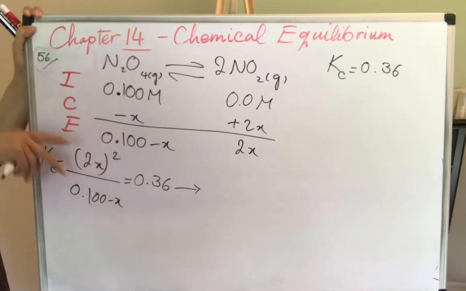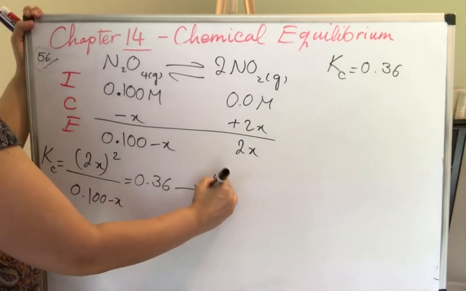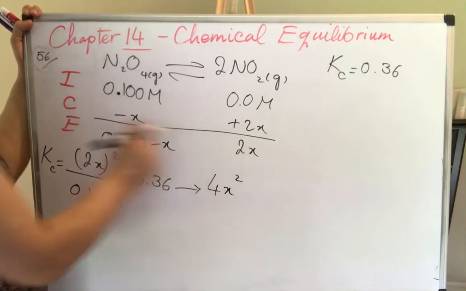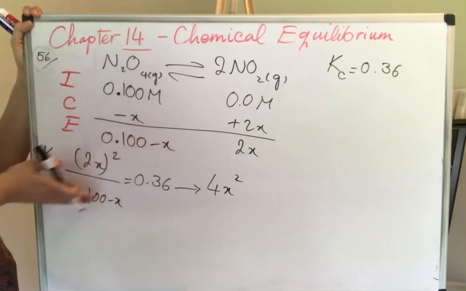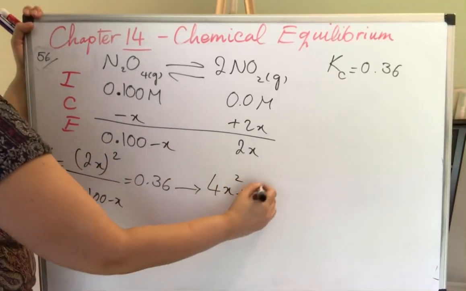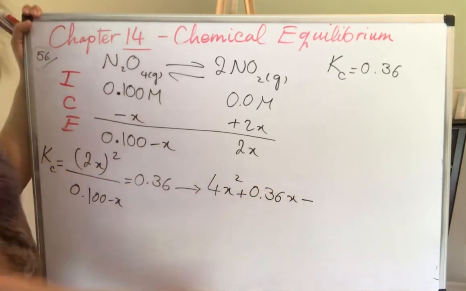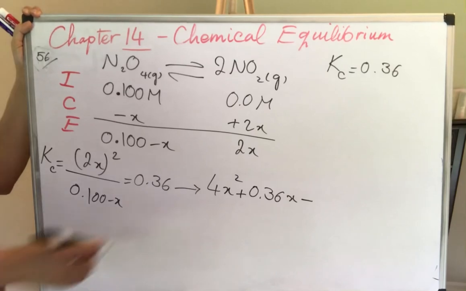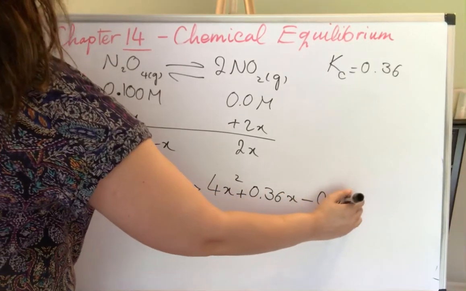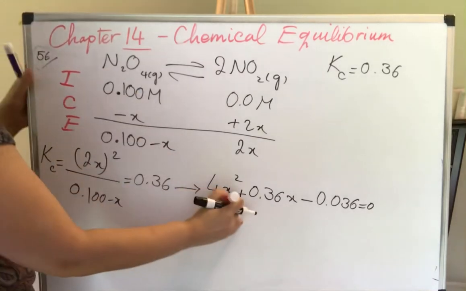You cannot do the same thing you did in the previous example. So we will do the quadratic equation: 4x squared, and then multiply this side, it's going to be plus 0.36x minus 0.036.